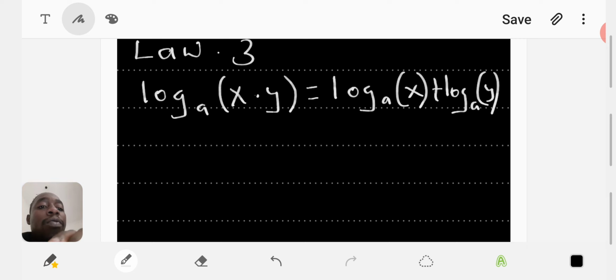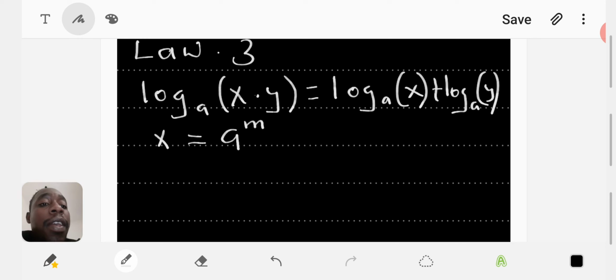We're going to write our expressions in exponential format. Our x will be equal to our base, which is a, to the power of m.